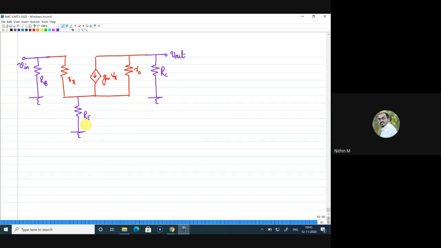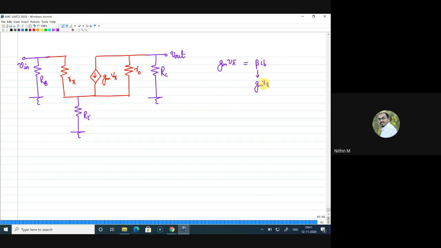Okay, so we have this gmV pi here, right? So gmV pi can be equated to beta into IB. Let me see what beta is. Beta is gm into R pi.